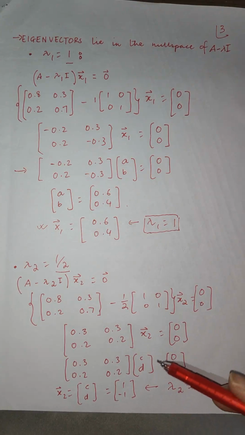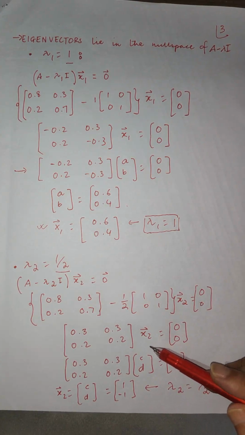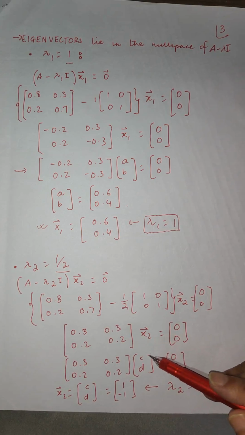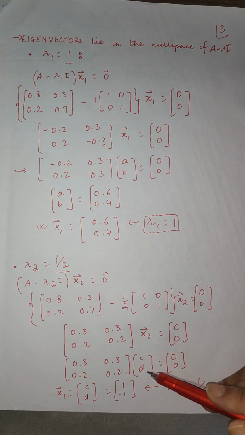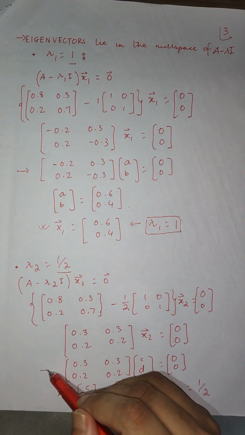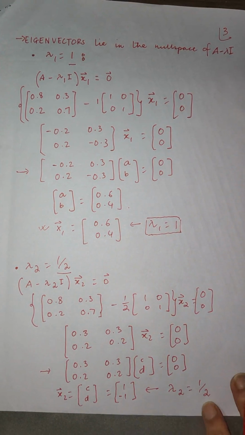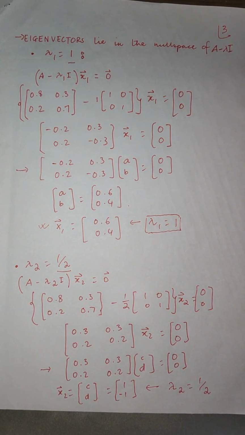Next, it's just all algebra. At this point, I wrote this x sub 2 eigenvector as a vector containing c and d. We solve this system of two linear equations and we get 1 and -1 as the solution.